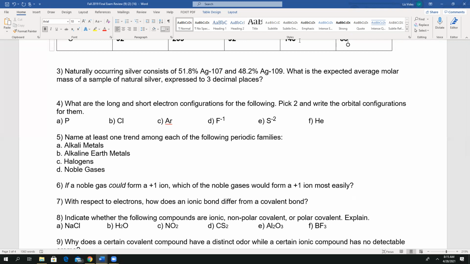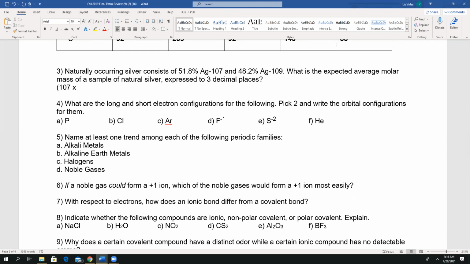So remember for this one, what you do is you take the atomic number, multiply it times the percentage, not in percent.